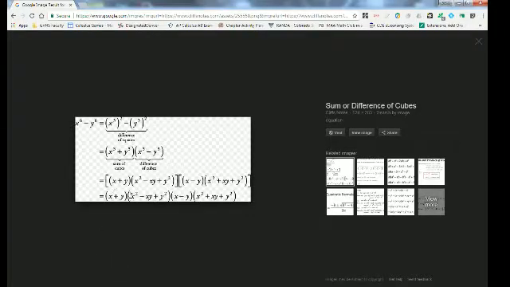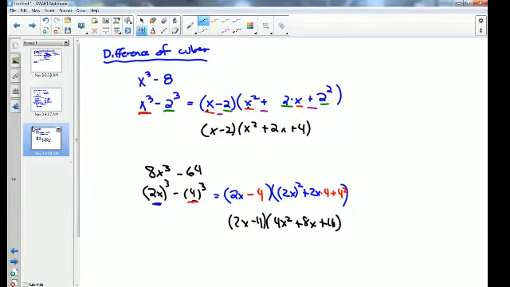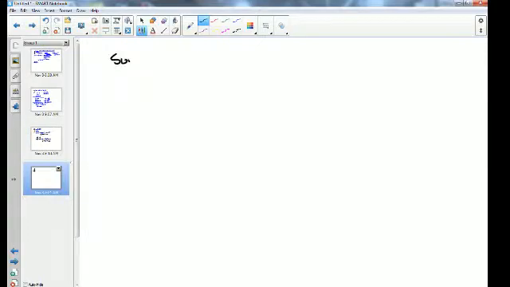Now, the sum of 2 cubes is very similar. So, same example as before. All you're going to see is a sign difference.